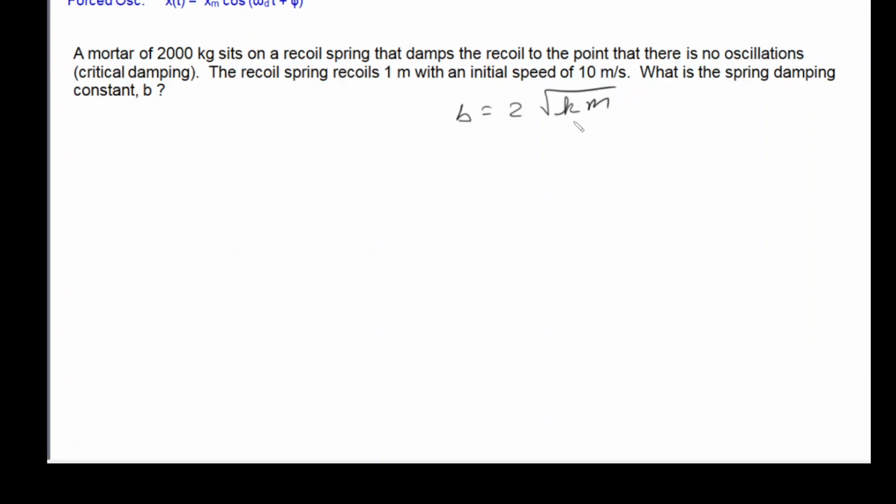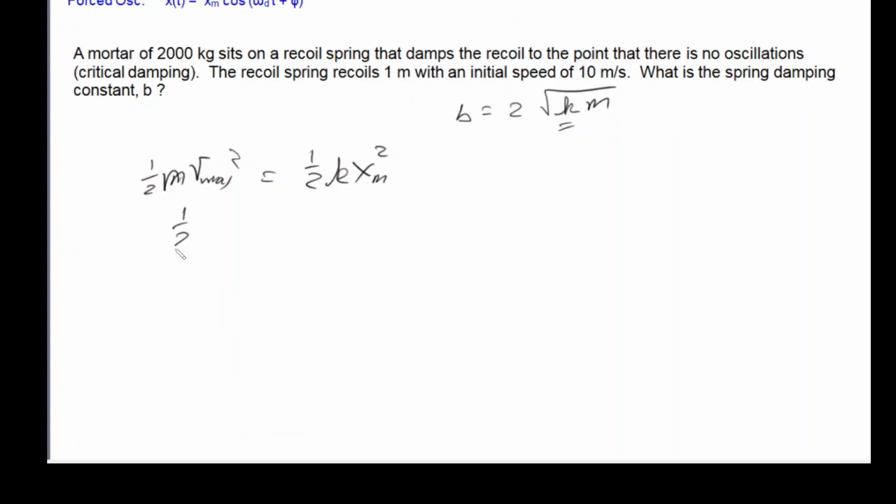So we could find k using conservation of energy. We know that 1/2 m v max squared is equal to 1/2 k x sub m squared. That's the maximum kinetic energy equals the maximum potential energy.